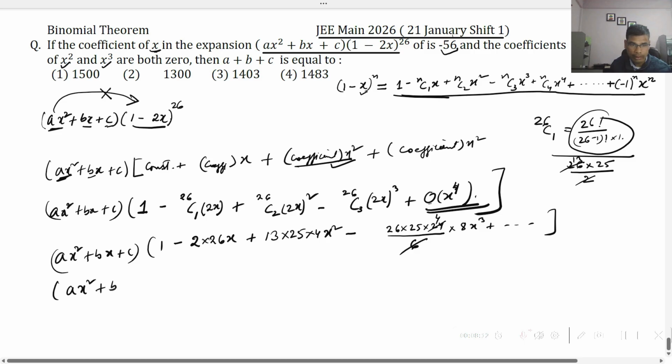So ax square plus bx plus c, so this will be 1 minus 52x, then plus 1300x square, then minus 20800 x cubed.